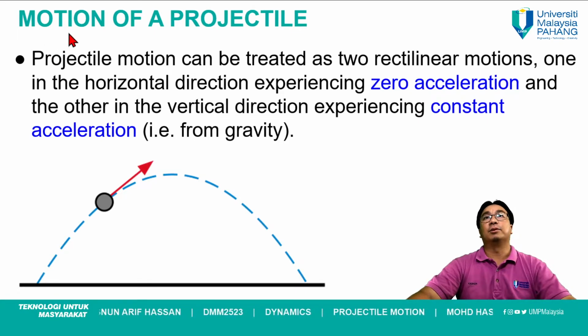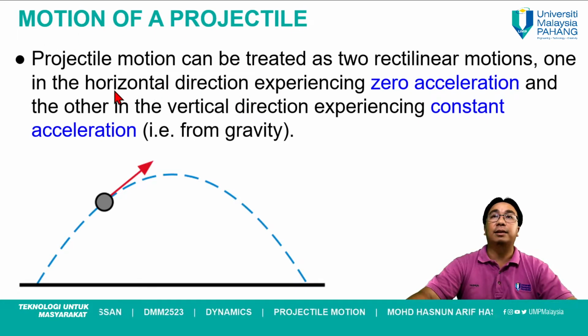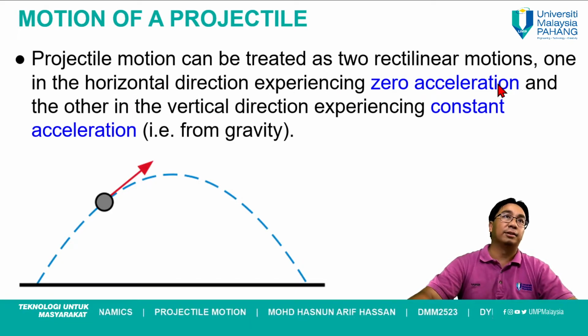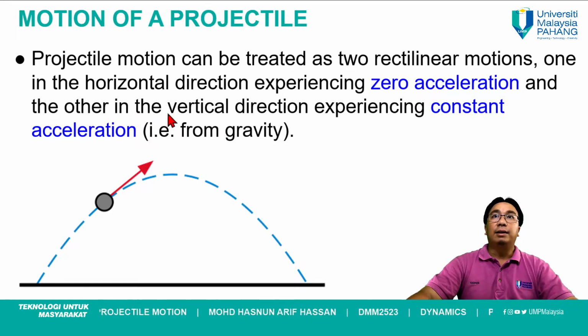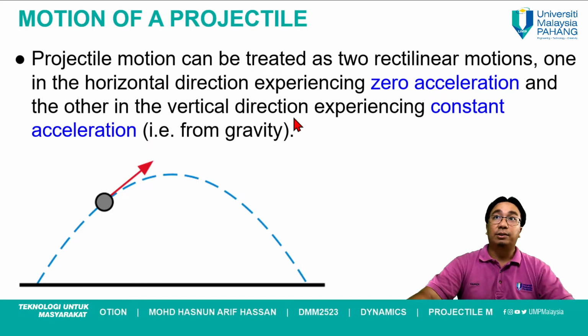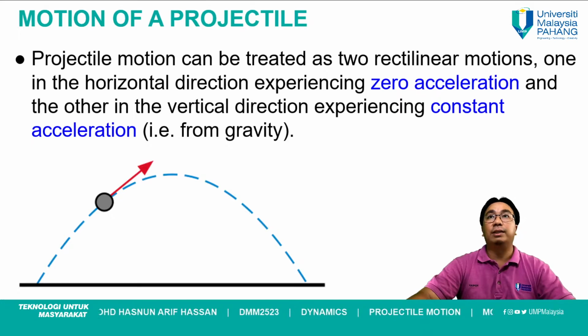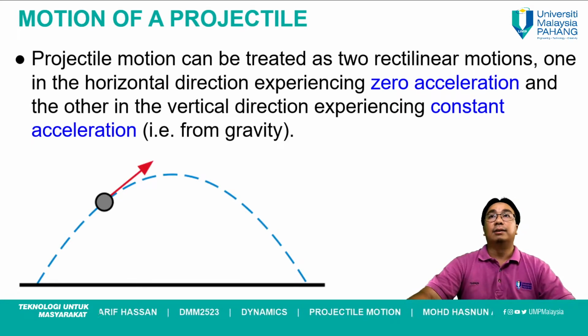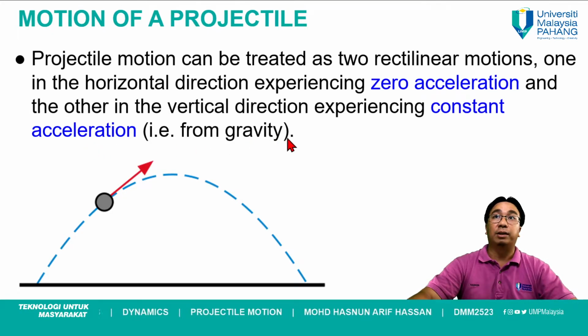X axis, betul. Okay, horizontal in x axis. Dia cakap horizontal direction experiencing zero acceleration. Okay, and in vertical direction, kalau horizontal tadi x axis, vertical direction ialah y axis. Y axis experiencing constant acceleration from gravity.